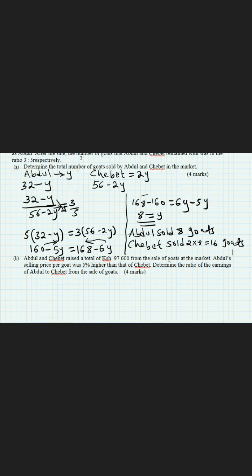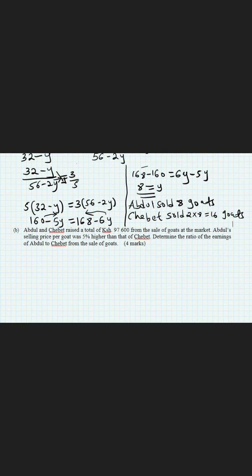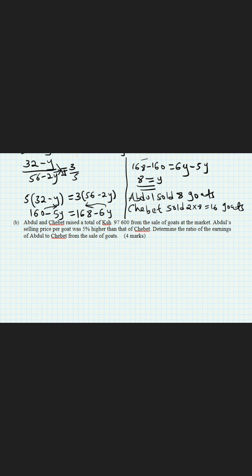So let us look at part B of the question. We are told Abdul and Chebet raised a total of this amount from the sale of goats at the market. Abdul's selling price per goat was 5% higher than that of Chebet.